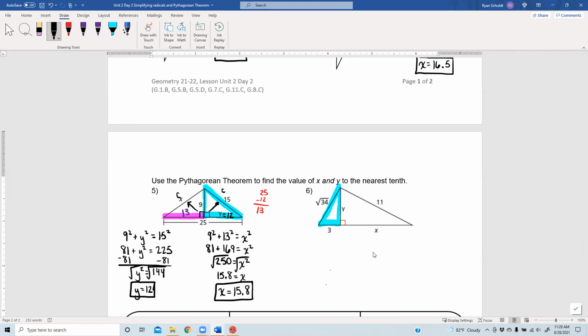So let's see here. I need to get my seat. That's my first step. Look across. There's my seat. Square root of 34 is my seat. So 3 squared plus y squared equals the square root of 34 squared. Well, 3 squared is 9 plus y squared.